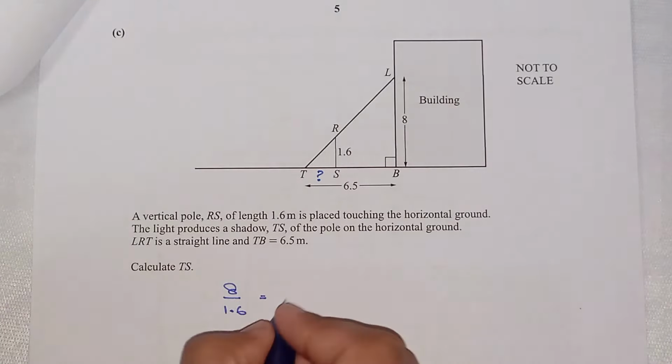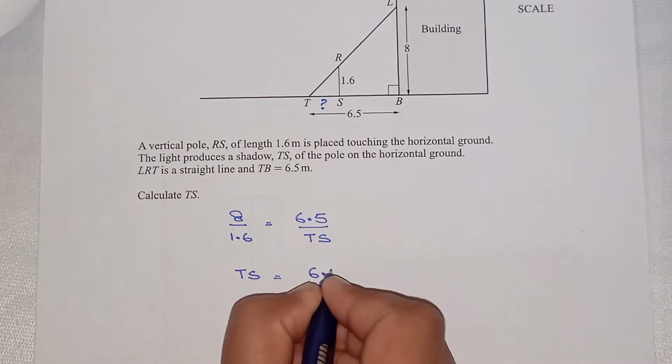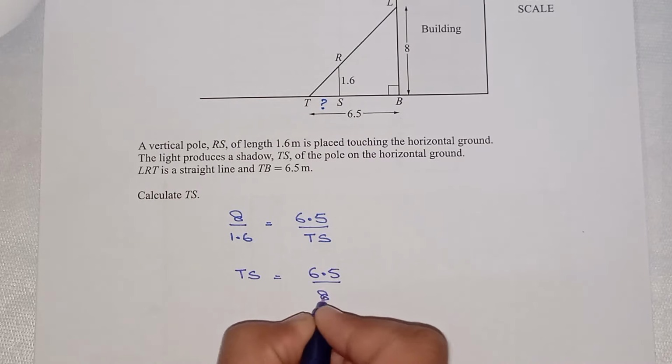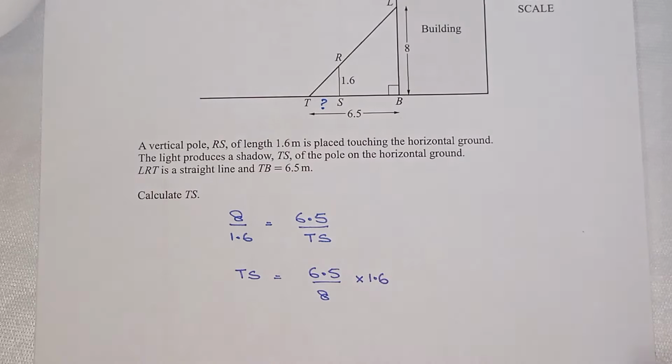Okay, now let's calculate the value for TS by doing a cross multiplication. TS would be 6.5 times 1.6 divided by 8. This would be 1.3. So the value for TS would be 1.3 meters.